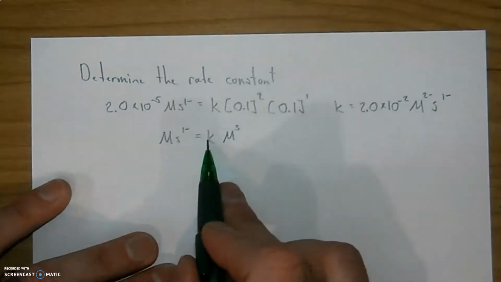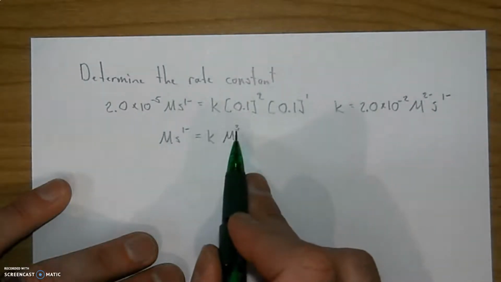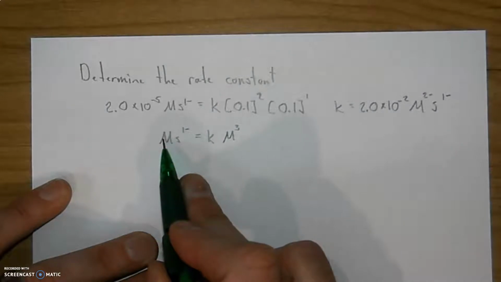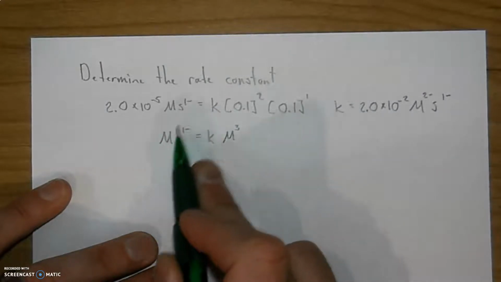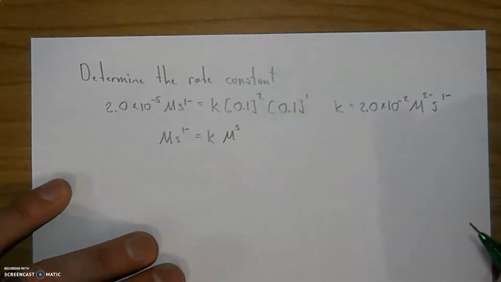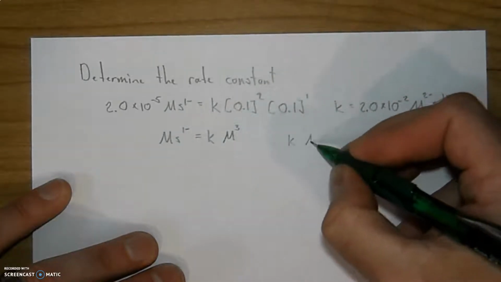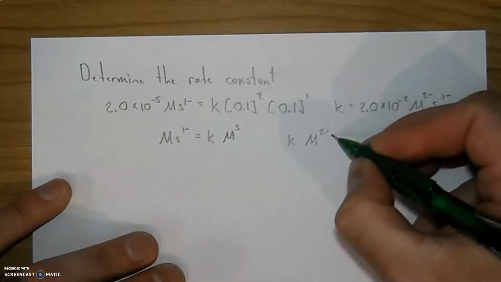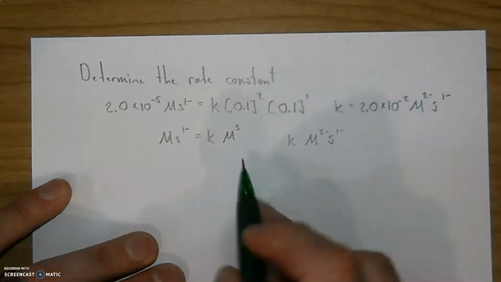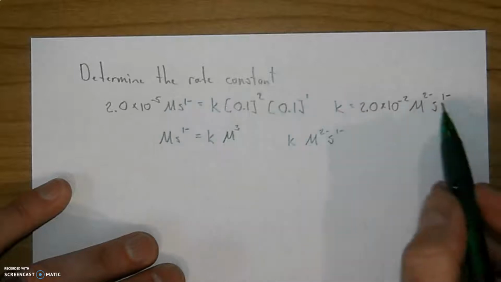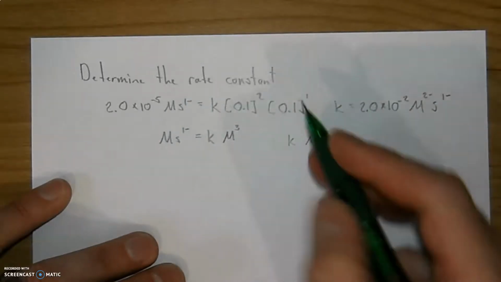What does this have to be in order to knock this down to 1, but also to bring this s to the negative 1 value in? K must have units that are M to the negative 2 and s to the negative 1. So this is how I can quickly double check and make sure that my units make sense for that.